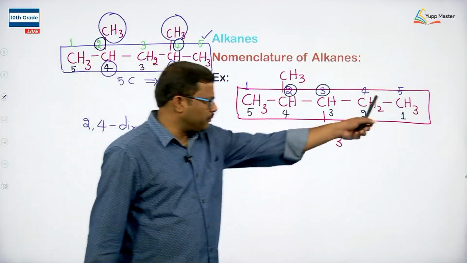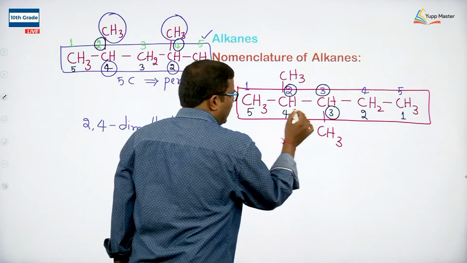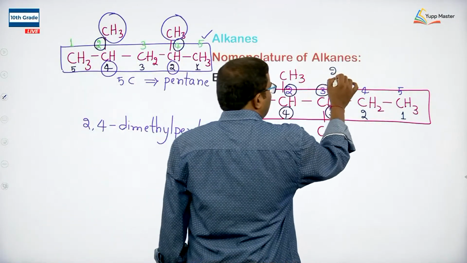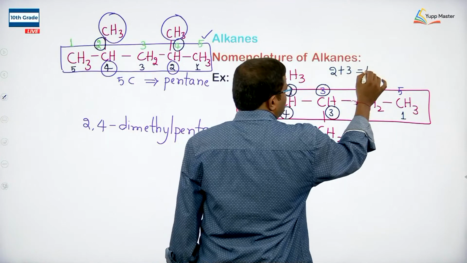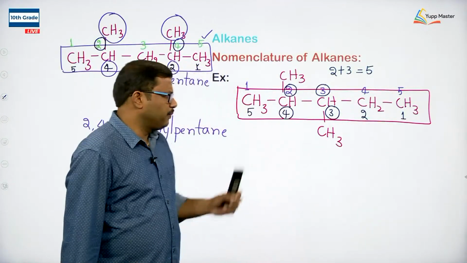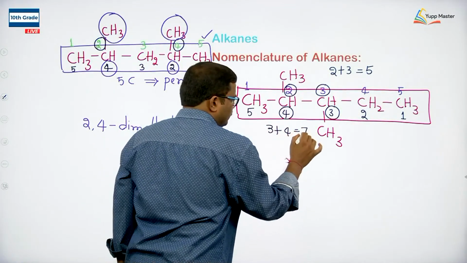If I am moving from right to left, in that case I am getting the substituted carbons 3 and 4. So if you take the sum of the two locants, in this case it is 2 plus 3, 5. If I am coming in the reverse direction, then it is 3 plus 4, so it is 7.